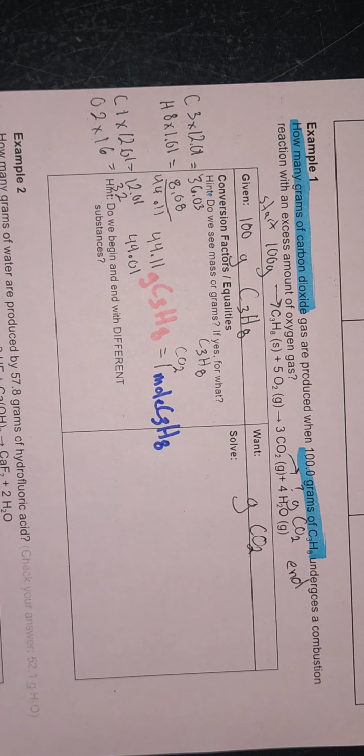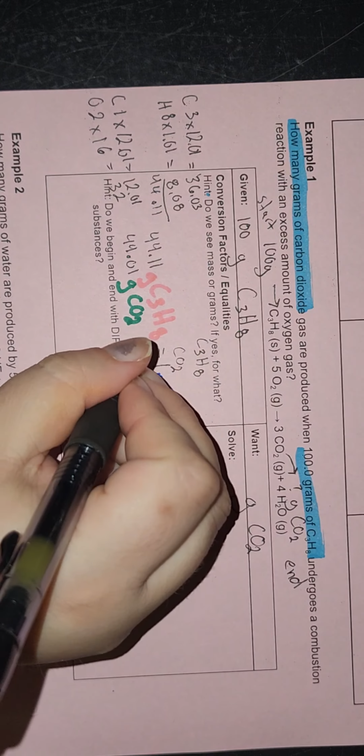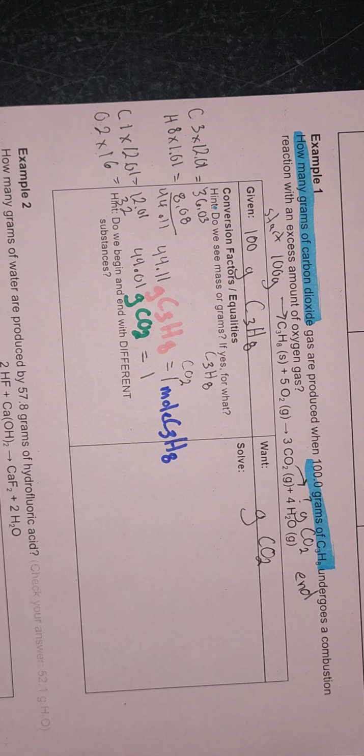So then our molar mass of carbon dioxide is going to be that 44.01 grams of carbon dioxide is going to be equal to 1 mole of carbon dioxide.